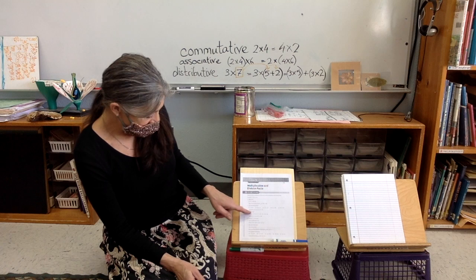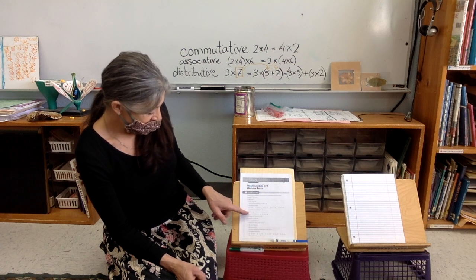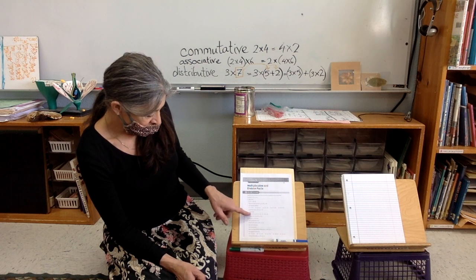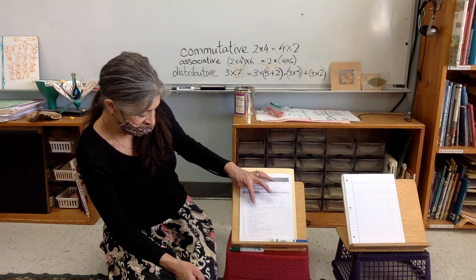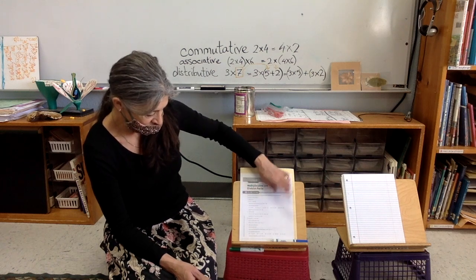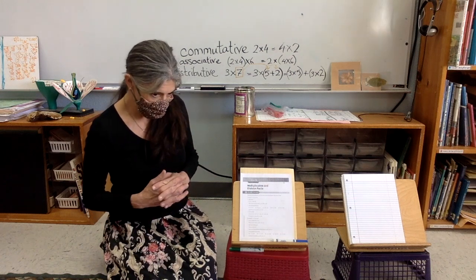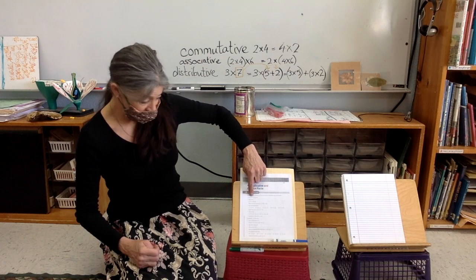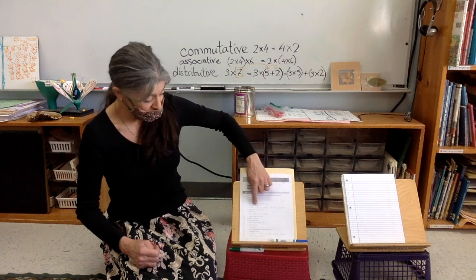You can also add 6 five times: 0 plus 6 is 6, 6 plus 6 is 12, 12 plus 6 is 18, 18 plus 6 is 24, 24 plus 6 is 30. That one's for if you don't know your 6s. Most of you do, but even if you don't, I would use the commutative property and do 6 times 5. But that is one way you could do it.